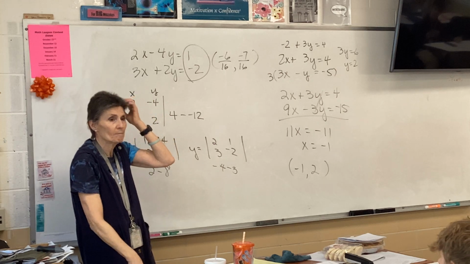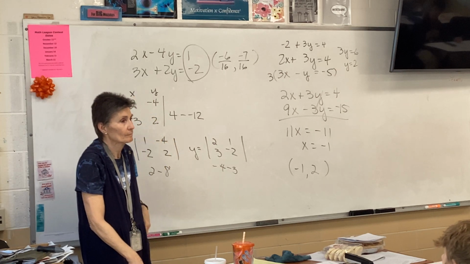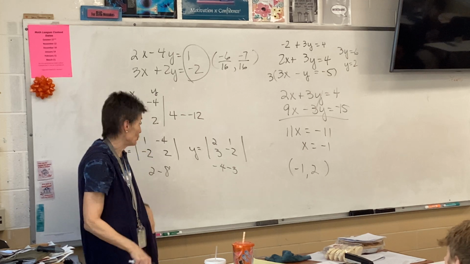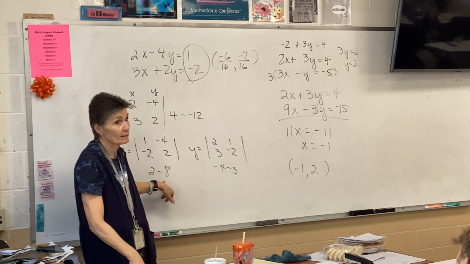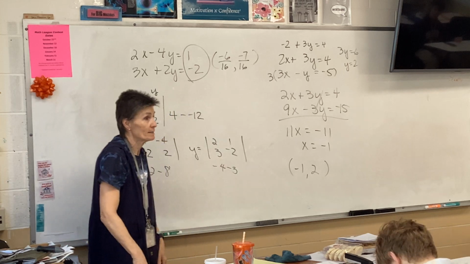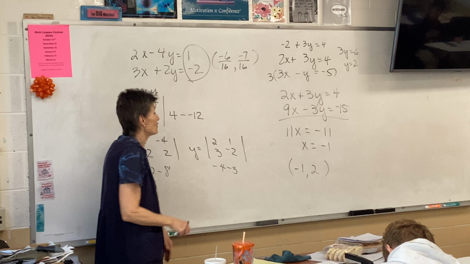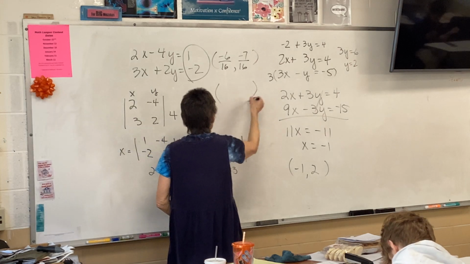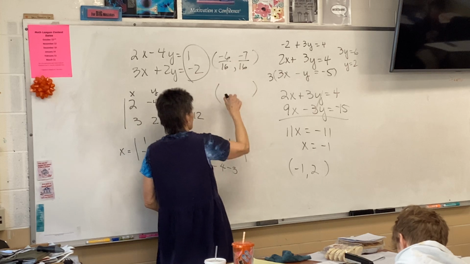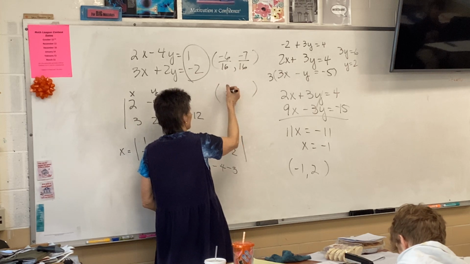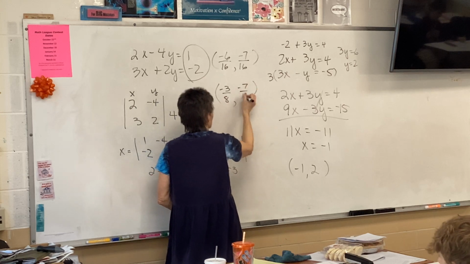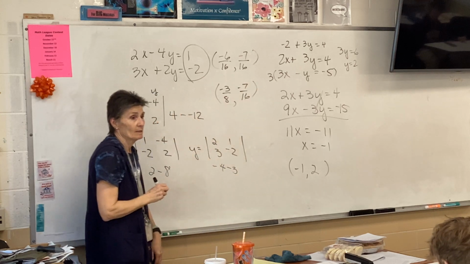Is that what you got? I'm good. I am not done yet. But did you get -6 for your x determinant and -7 for your y determinant? So then you always go back, and if anything reduces, we need to reduce it. And we have 6/16, which is 3/8, and that doesn't reduce. So there is my answer.